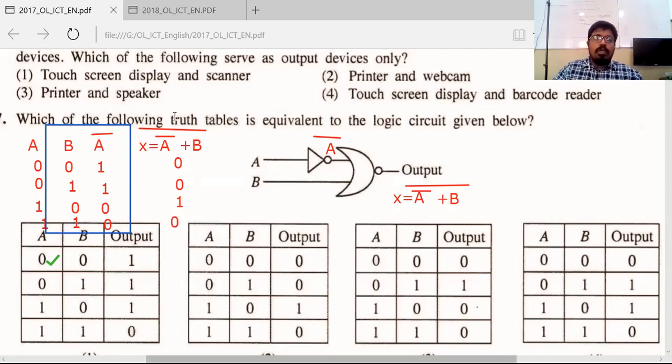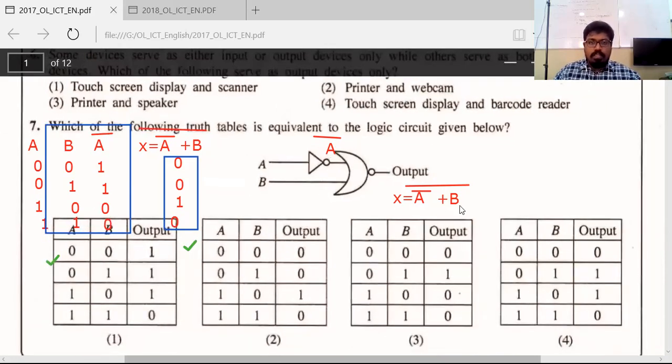So your output will be 0, 0, 1, 0. This is your truth table for the above logic circuit, right? So in this case, this answer option is the second answer option. Right? This one.